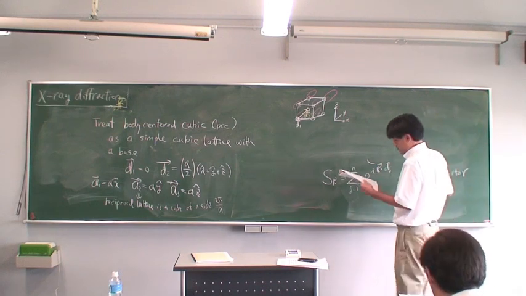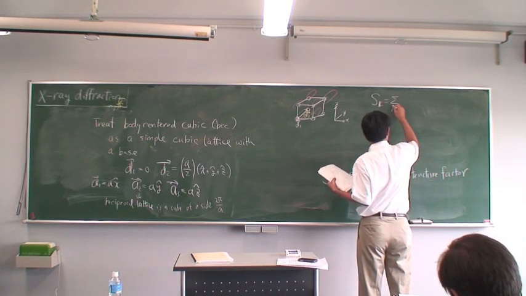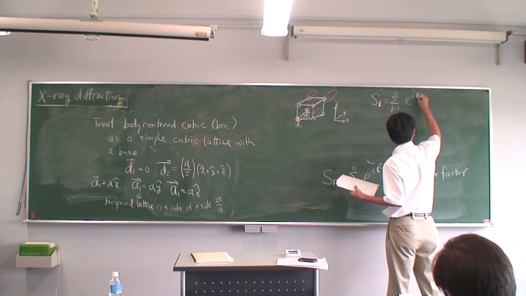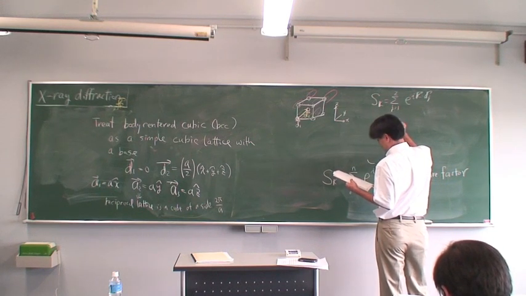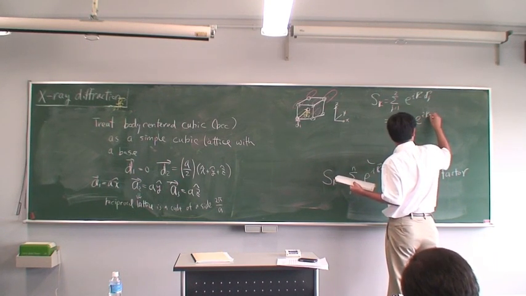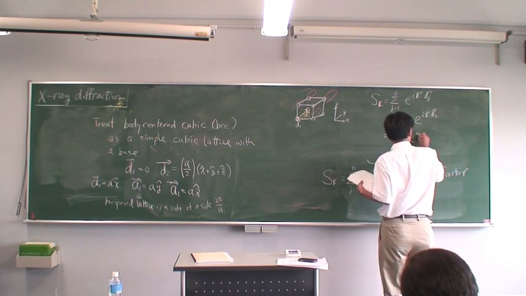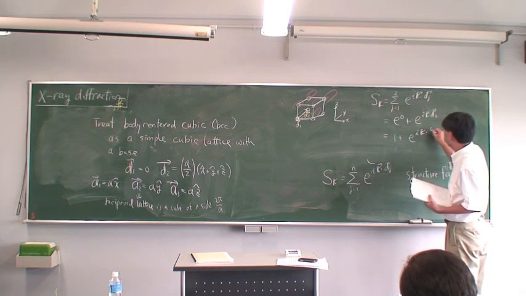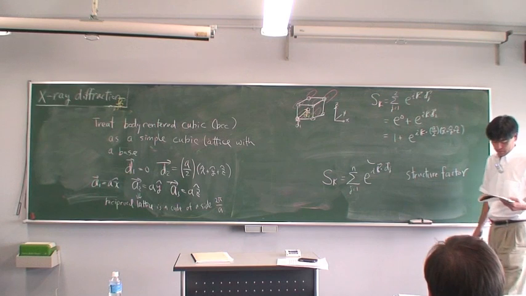Here, S of K is the sum over j equals 1 to 2 of exponential i K dot dj, that is, exponential 0 plus exponential i K dot D2, and that's 1 plus exponential i K dot D2, where D2 is a over 2 times (x plus y plus z), right?